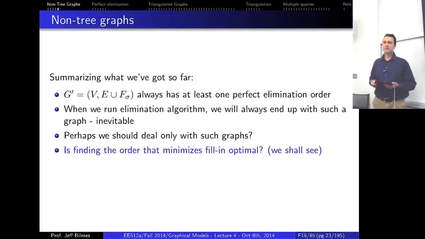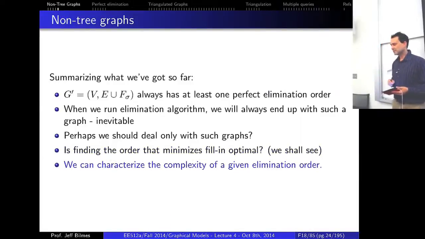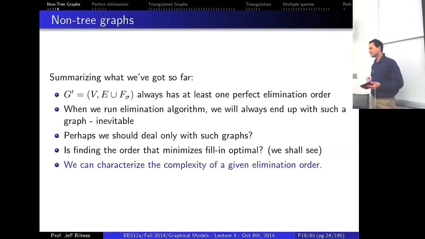That was a question from last time. We shall see. I believe that is going to be on your first homework problem set, so I'm not going to answer that in class. But that's a good question. I can't remember who asked that last time. We can characterize the complexity of a given elimination order. Yes, we can do that because it corresponds to the largest set of neighbors along the way of elimination.